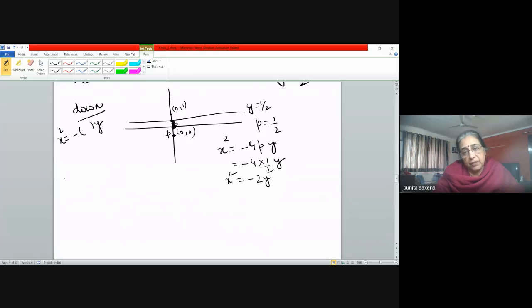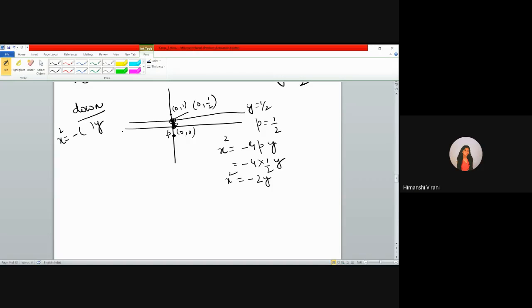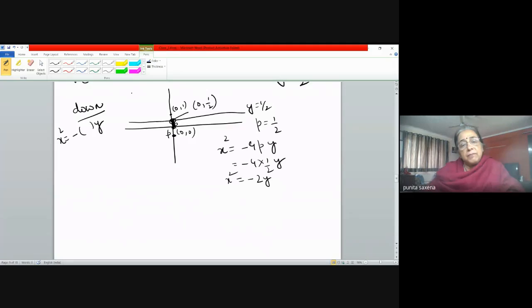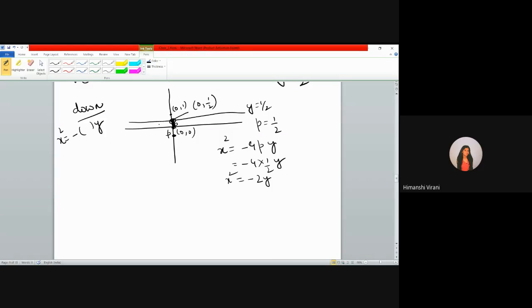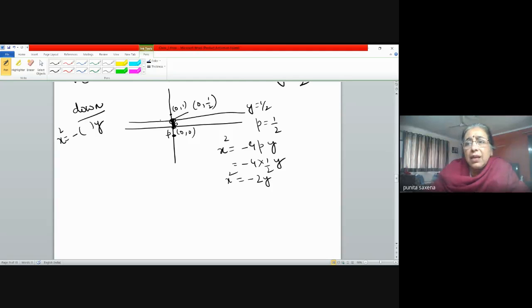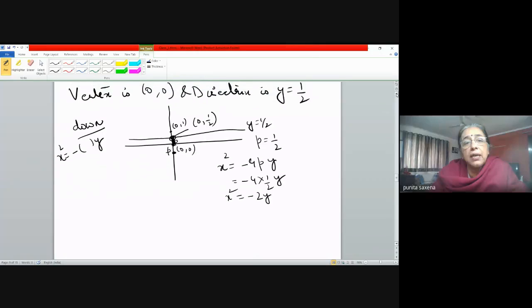P is the distance from the vertex to the directrix. डिस्टेंस तो हमेशा परपेंडिकुलर डिस्टेंस ही लोगे ना, चाहे वो हॉरिजॉन्टल हो चाहे वो वर्टिकल हो. भाई एक अपनी ये लाइन है y इक्वल टू हाफ, इस पॉइंट का कोऑर्डिनेट क्या हुआ, 0 हाफ, इस पॉइंट का. तो 0 से लेके इस पॉइंट तक का डिस्टेंस कितना होगा, हाफ ही होगा. so that means your p is half. तो सिर्फ इसी केस में y और p सेम है, मतलब बाय चांस सेम हो गया. नहीं नहीं, ये तो हमेशा होगा, जो भी डिस्टेंस होगा, इससे पहले भी तो किया था, सेम होगा.